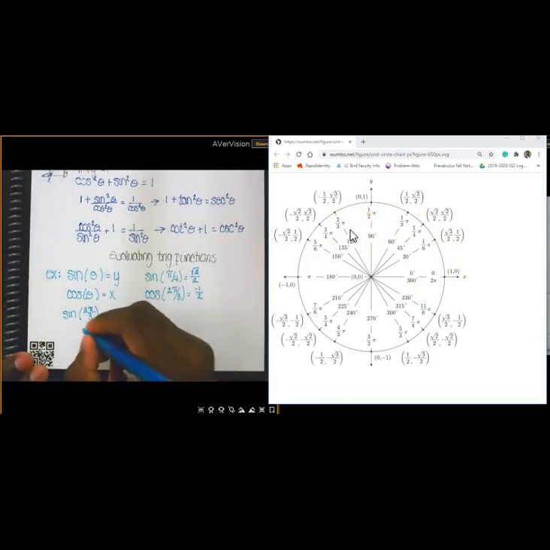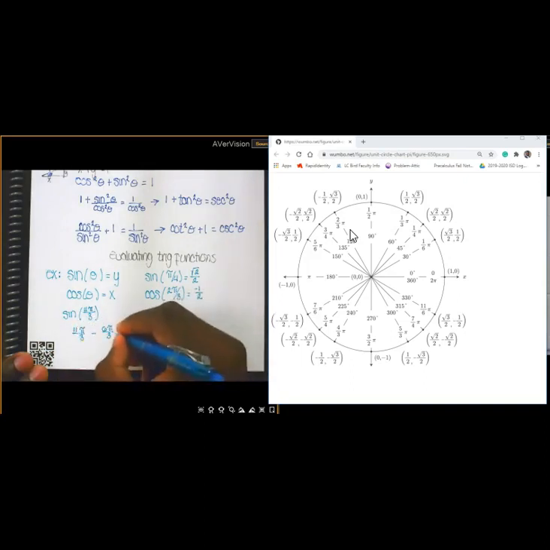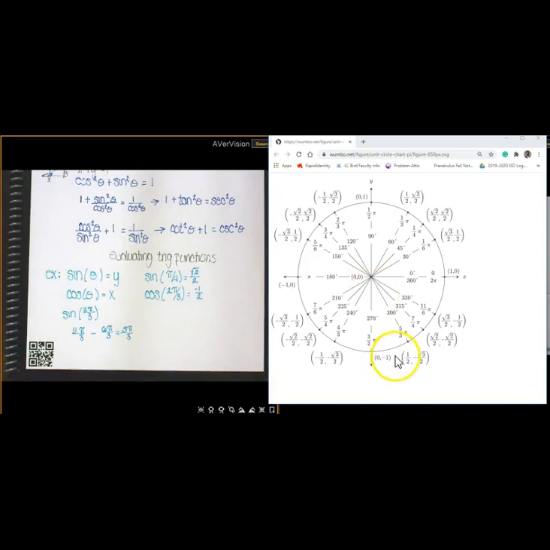So to figure out what that reference angle is, you take 11 pi over 3 and subtract 6 pi over 3. We get 5 pi over 3. It's 5 pi over 3 on the unit circle. It's over here, right?